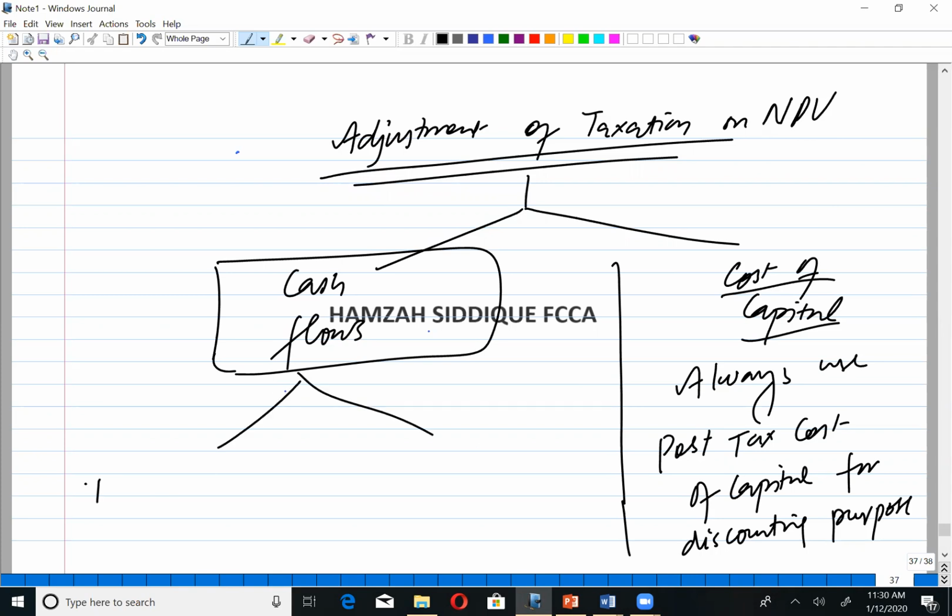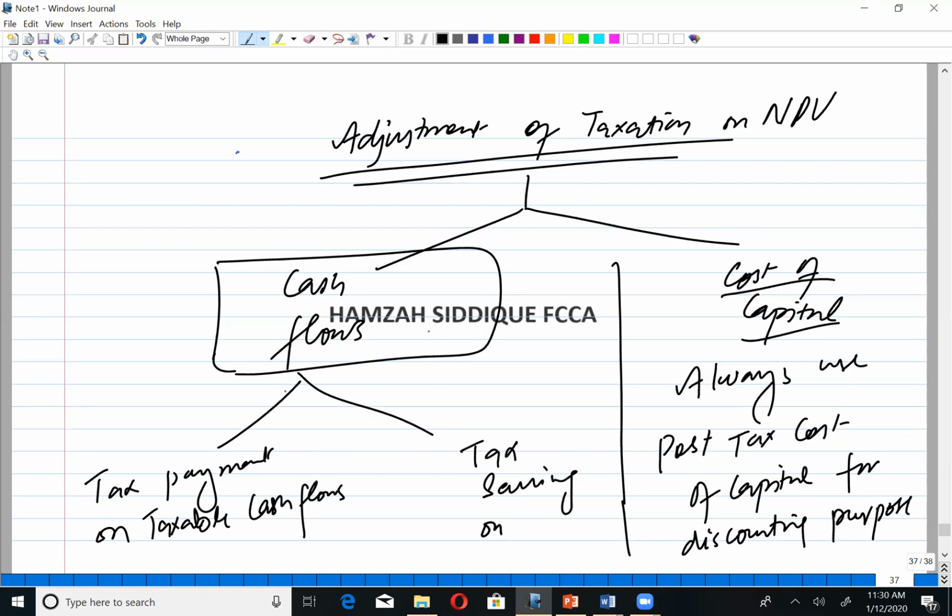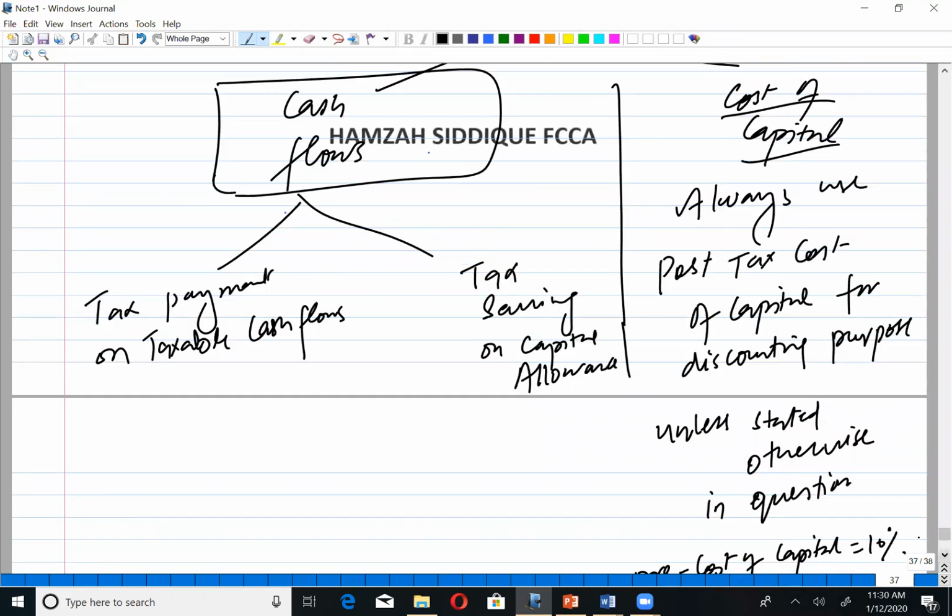One is tax payment on taxable cash flows. And second, tax saving on capital allowance. Two impacts.